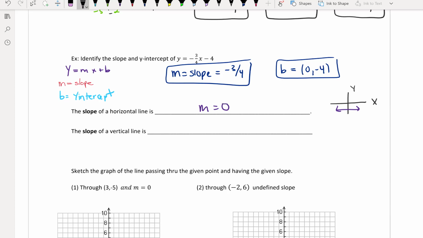Okay. Now, if I want to talk about a vertical line and I have my x and y axes, then it would go up and down. So my slope here would be undefined. So that would be an undefined slope.